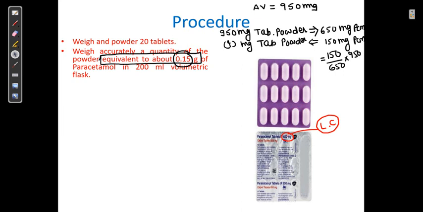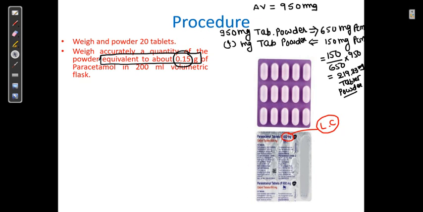So the answer is about 219.23 milligram of tablet powder required. To take 0.15 gram of paracetamol, we must take 219 milligram of tablet powder.